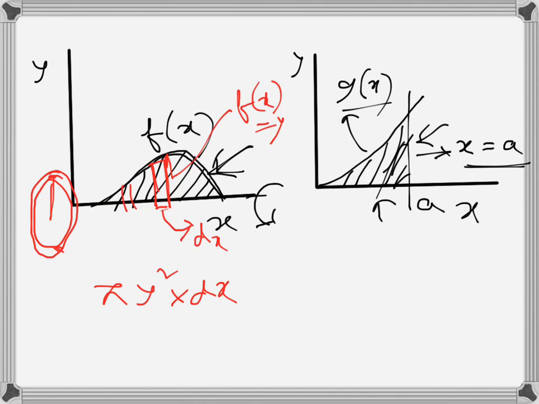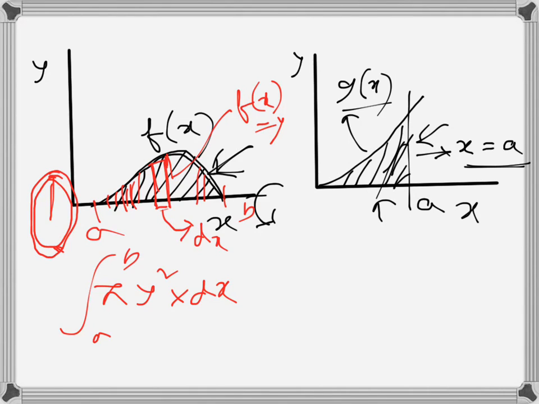Then to calculate the whole volume, we have theoretically an infinite number of these disks, so we integrate them. If this point is a and this point is b, we integrate from a to b, which accommodates all the disks stacked one after another. This is the way we find the volume by revolution using the disk method.